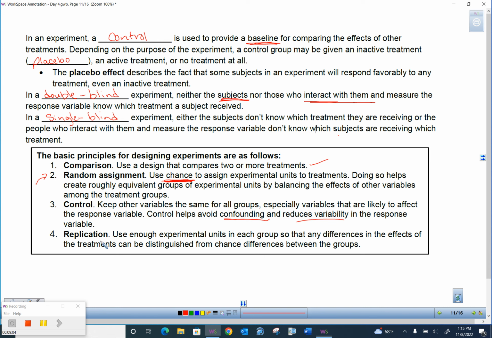Replication doesn't mean if we repeat this process, it'll happen the same way. Instead, we are saying that we used enough subjects to start with that we can ensure that the differences are caused by the building of that experiment versus it just randomly happening that way. So replication is making sure our sample size is large enough.